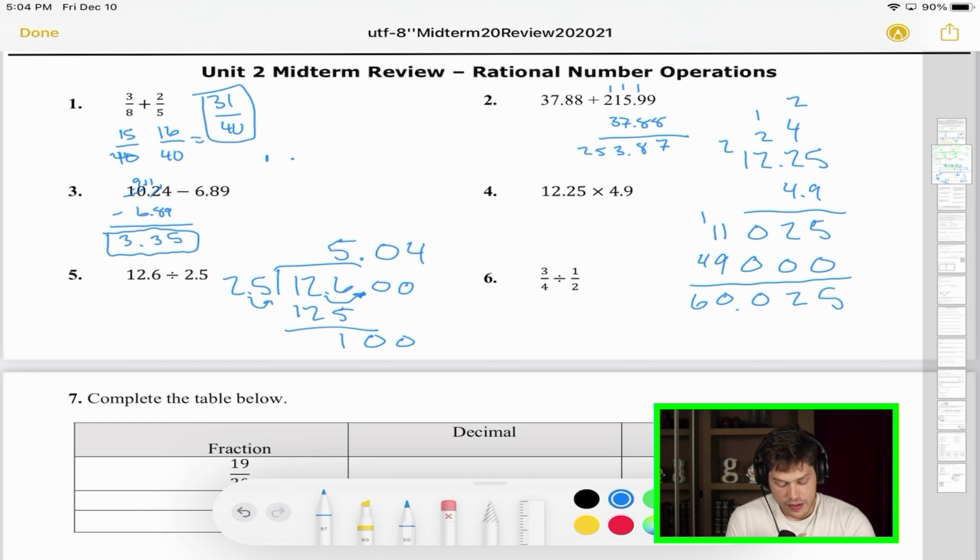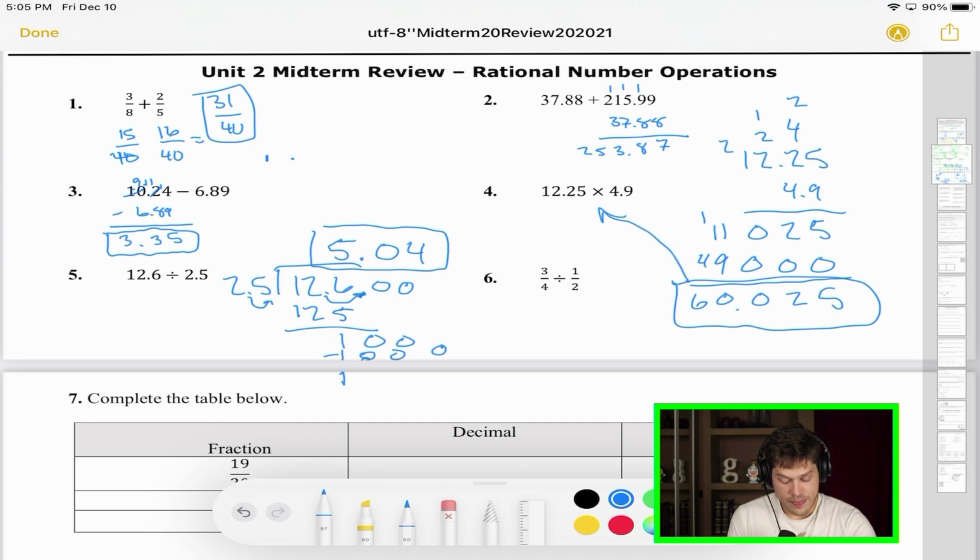So when you divide these, you get 5.04. And of course, to finish off the homework, you would subtract the 100 and you get 0. Okay. This was the answer to number 4.